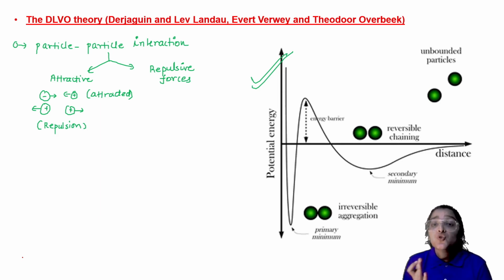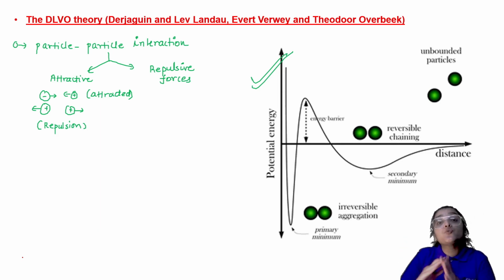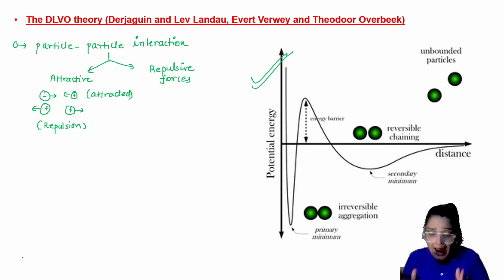I'll repeat this again: if there is a repulsion between the particles, then when the repulsion is more, the particles tend to rebound to their original state after the collision and they remain individually dispersed.